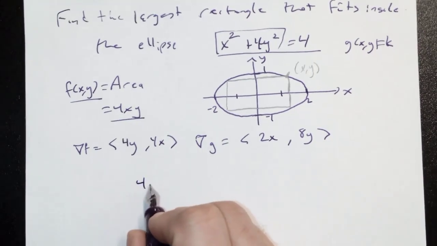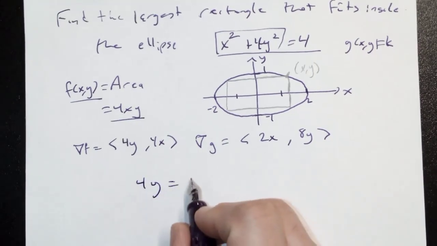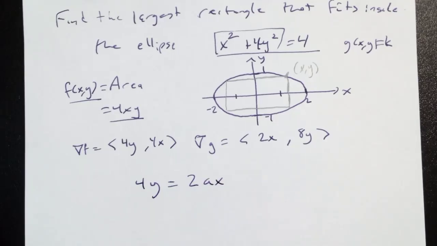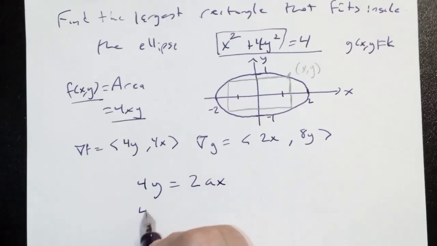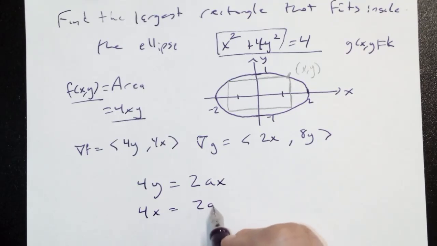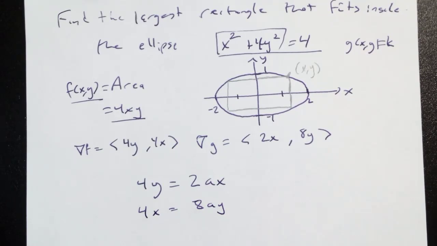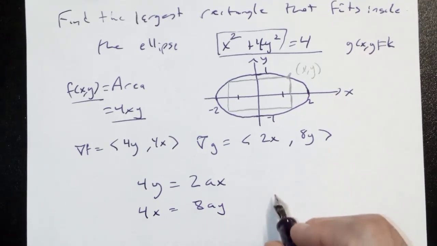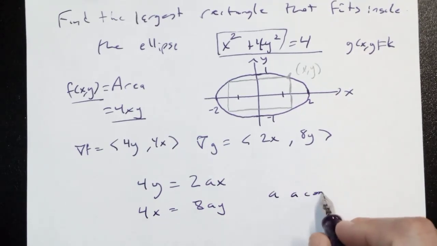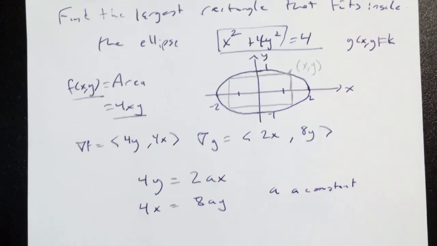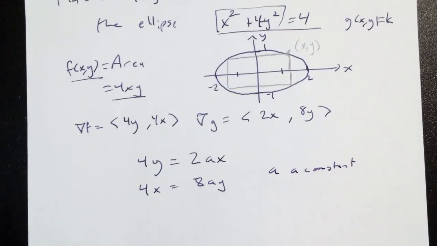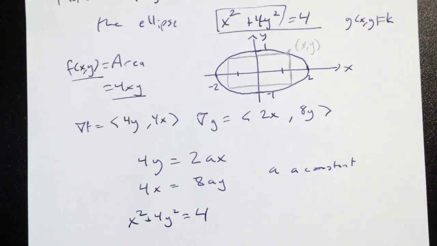So 4y equals 2ax, and 4x equals 8ay. And I'll make a note over here that a is a constant. And then my last equation, Nora, is my constraint: x squared plus 4y squared equals 4. 3 equations, 3 variables.